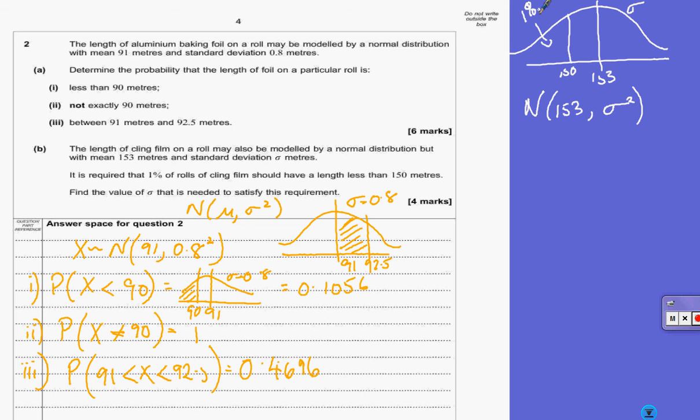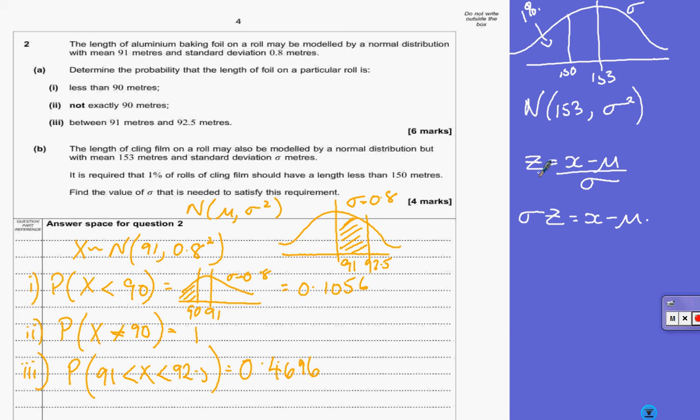So if that area is 1%, we need to find out what sigma is. If we don't know what sigma or mu is, we have to use this formula. Now, we can adjust it, which is what we've talked about before. By multiplying through, I can make it sigma z equals x minus mu, which is much easier, and you can put this in your calculator at some point, which we'll get to.